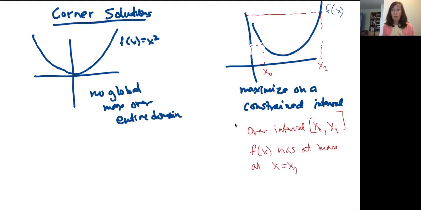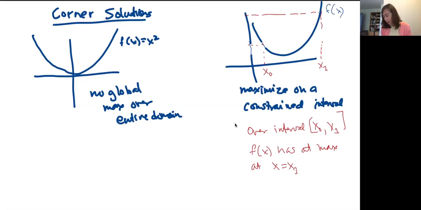So that's generally going to be true. If you're trying to find the maximum value over an interval where the function is convex on the entire interval, you're not going to find a critical point that will be a maximum. You might find a minimum there, but that's not what you want. If you really know that you're looking for a maximum, it is going to occur at one of the corners.